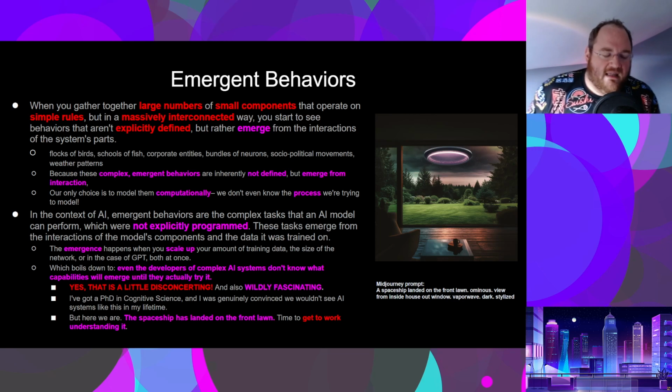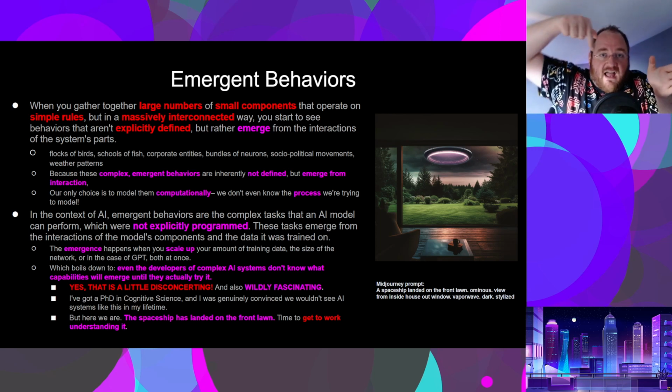So a takeaway to this discussion that I want you to internalize is, even the developers of complex AI systems don't know what capabilities will emerge until they actually try it. These are not capabilities that were explicitly programmed in by some divine hand.